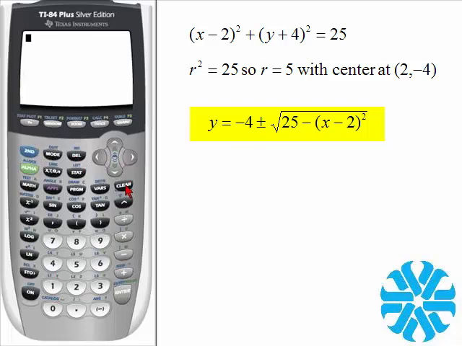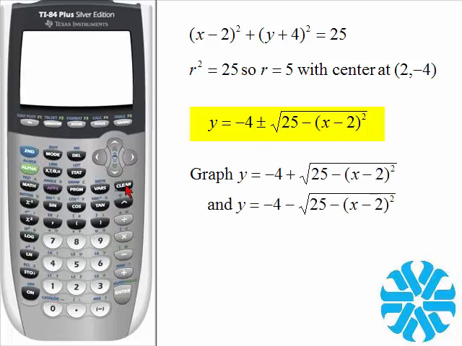So you need to graph y equals -4 plus the square root of 25 minus the quantity x minus 2 squared, which is the top half of the circle, and y equals negative 4 minus the square root of 25 minus the quantity x minus 2 squared, which is the bottom half of the circle.